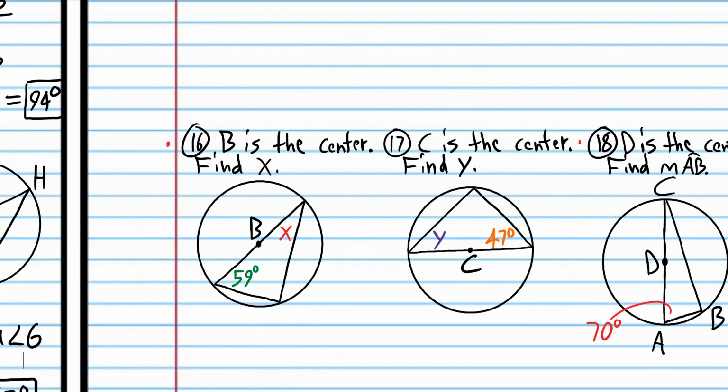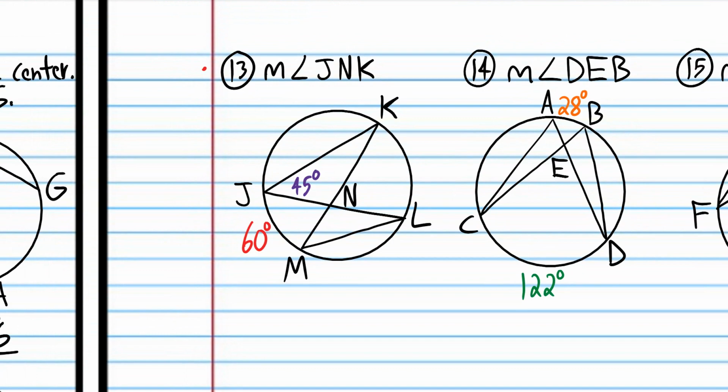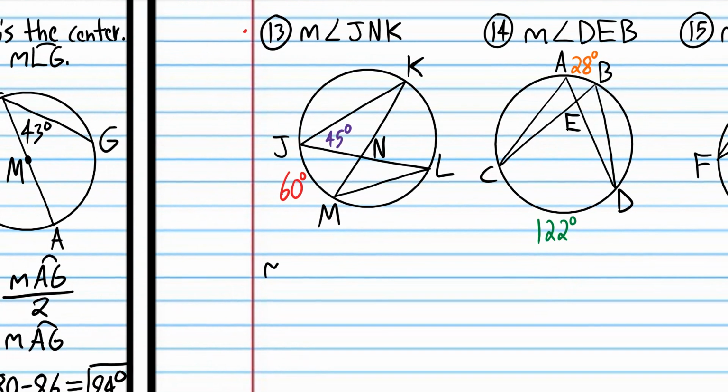So that means that the measure of angle K is equal to 60 divided by 2. So the measure of angle K is equal to 30 degrees.